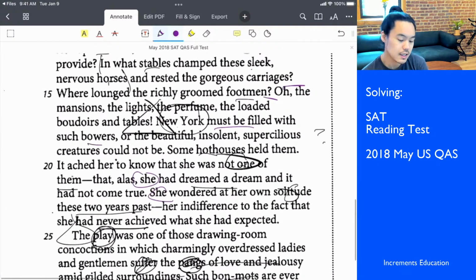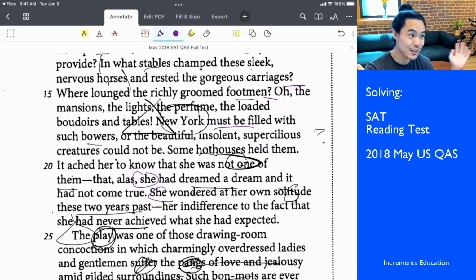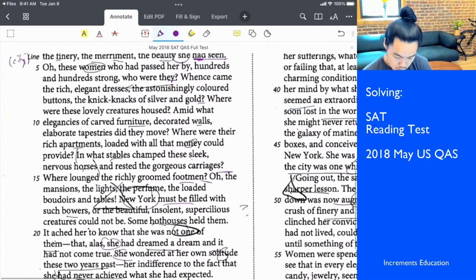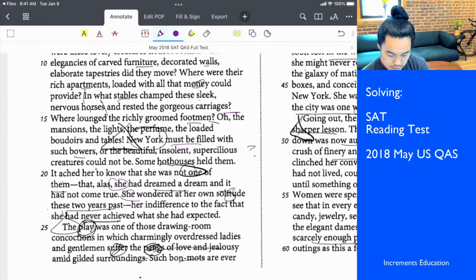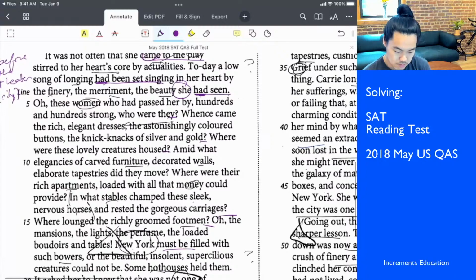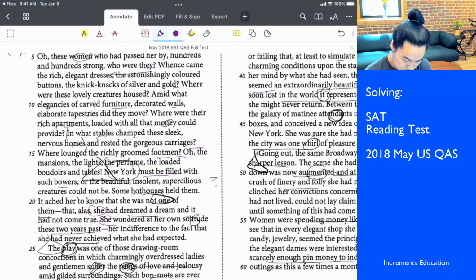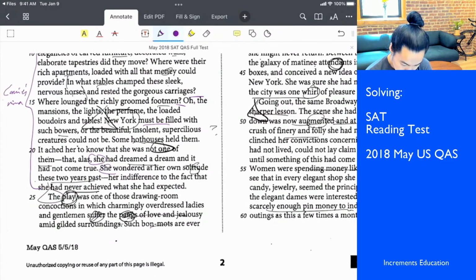I say he because it's Theodore Dreiser, even though technically the narrator could be a she. The author is Dreiser, the narrator is genderless, and the main character Carrie is a she, but I'm going to just say he for the narrator for now, to simplify. So we have all of the subjectivity of her mentality over here. This is all inside Carrie's mind. But over here, we get the narrator.